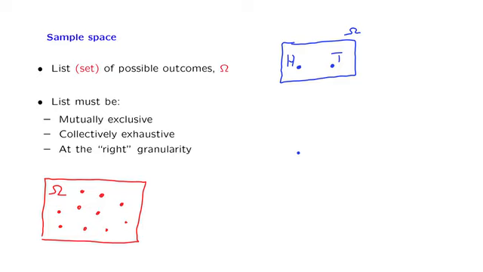Now suppose that while you were flipping the coin, you also looked outside the window to check the weather. And then you could say that my sample space is really heads and it's raining. Another possible outcome is heads and no rain. Another possible outcome is tails and it's raining.